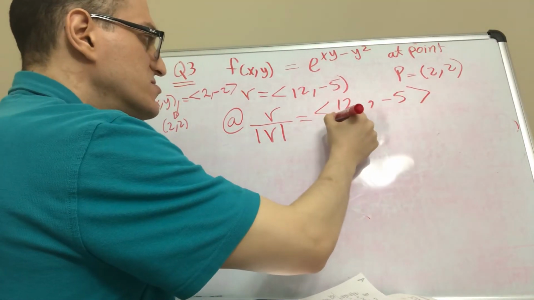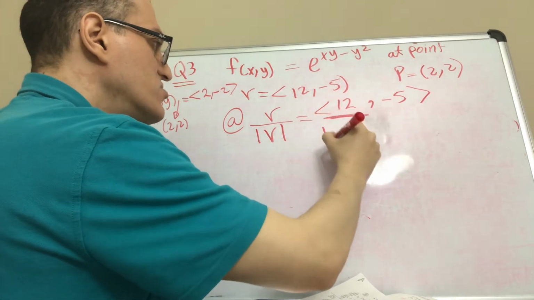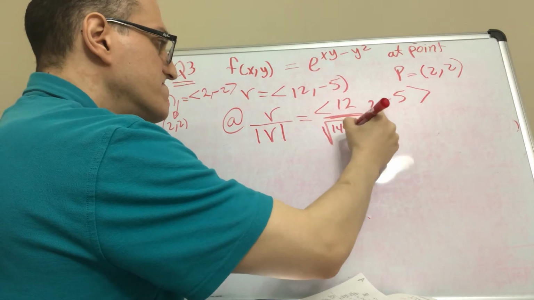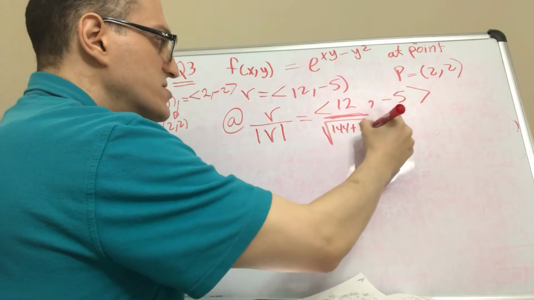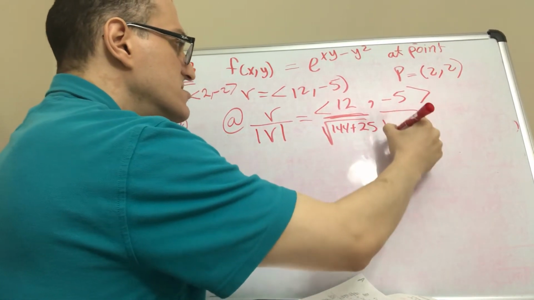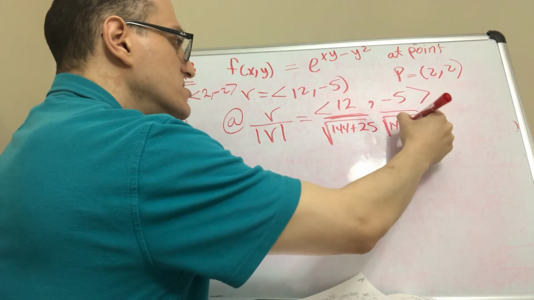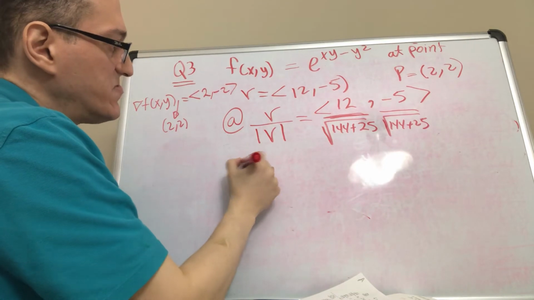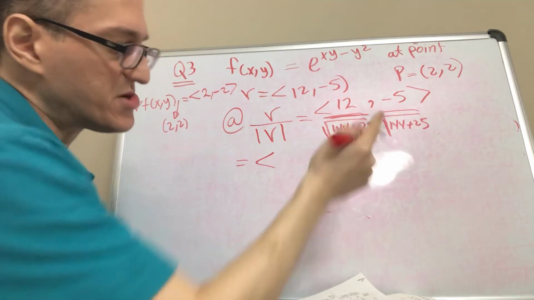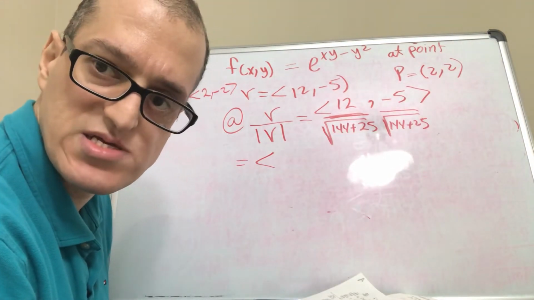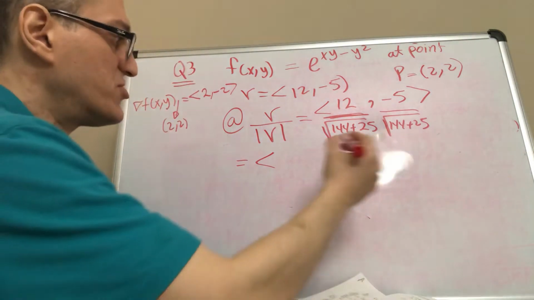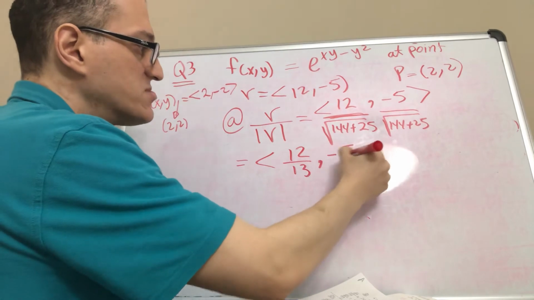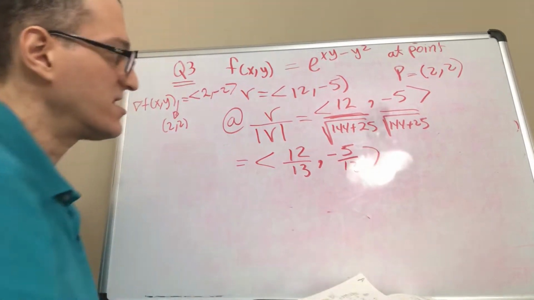The magnitude would be the square root of this number squared and this number squared. So 144 plus 25 is 169. Square root is 13, so this is 12 over 13, minus 5 over 13.